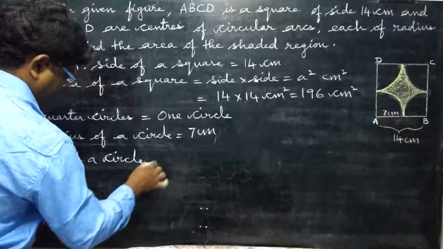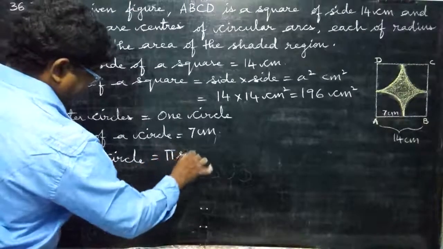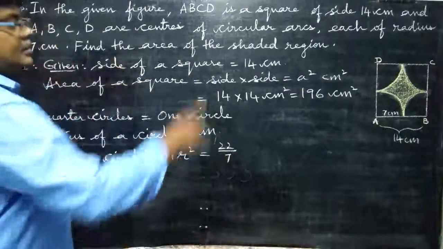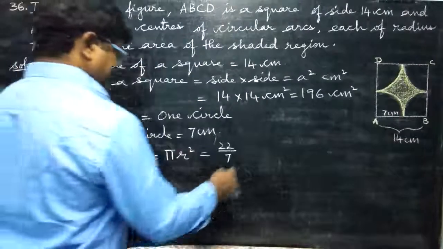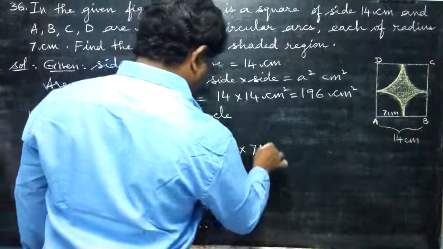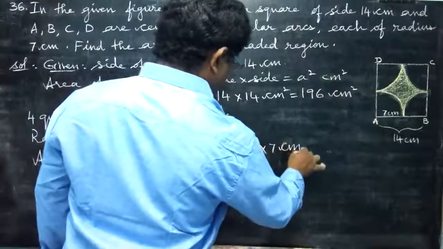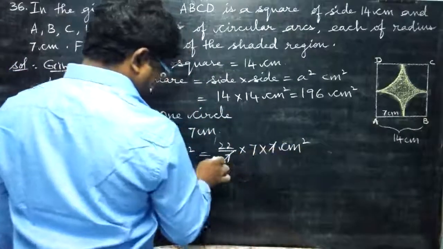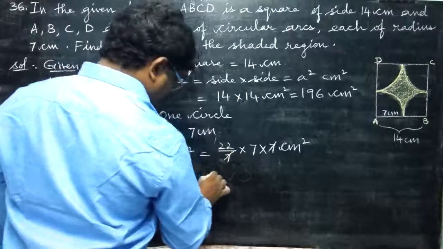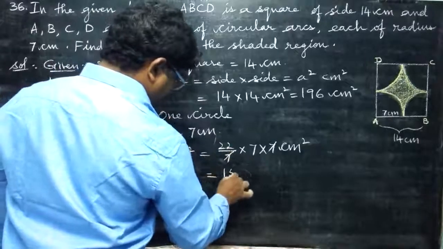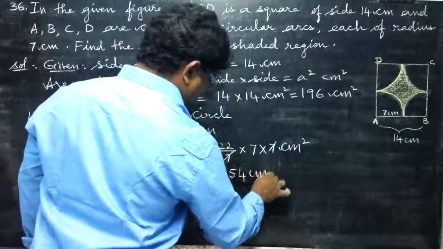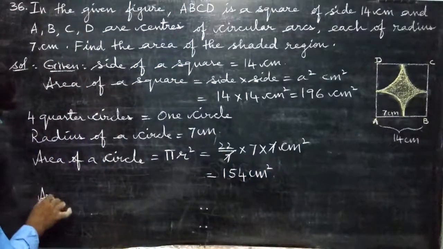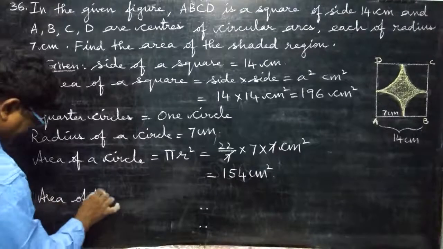Area of a circle formula: pi r square. Pi means 22 by 7. They did not ask to take 3.14. So write 22 by 7 into r square, 7 into 7 centimeter square. 7 cancels one time. Now 22 sevens, 154 centimeter square.